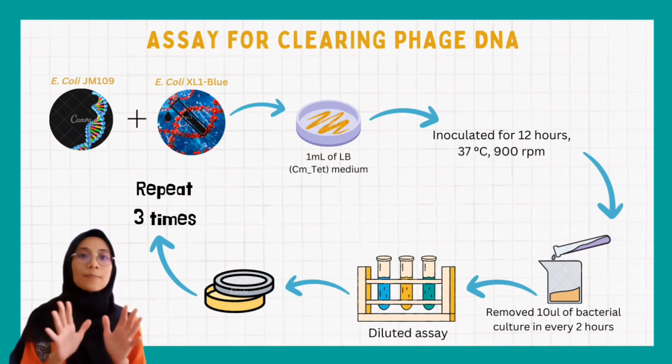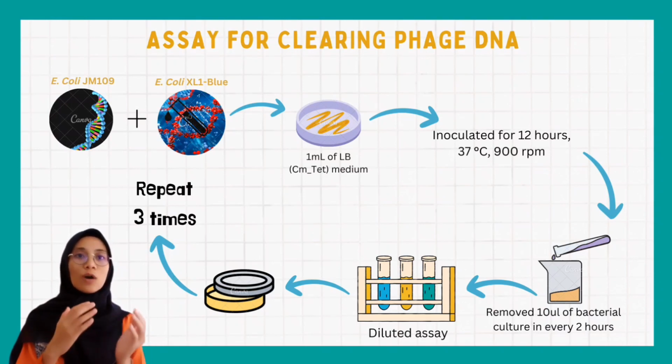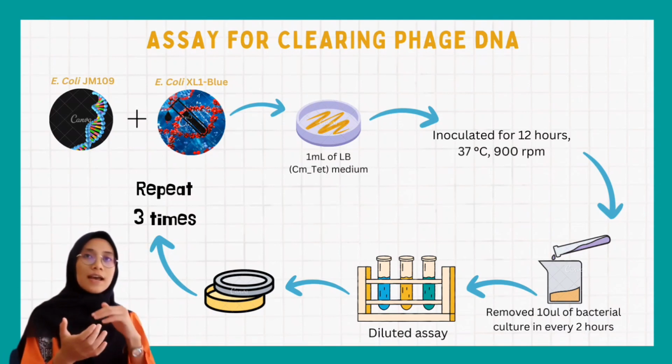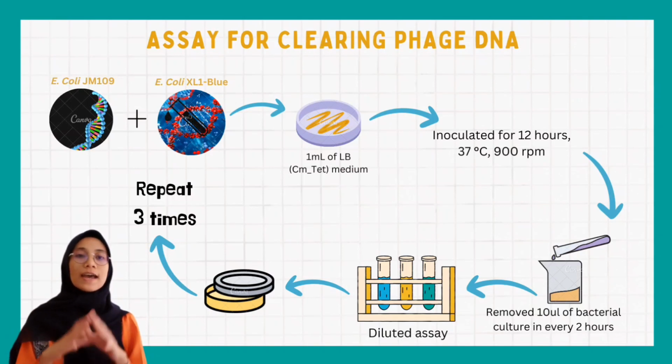After that, 10 microliters of the bacterial culture were removed every 2 hours for the 10-fold dilution assay. This diluted bacterial solution was spread on the LBCM and LBCM_TET solid medium and cultured at 37 degrees Celsius. This experiment was repeated 3 times.